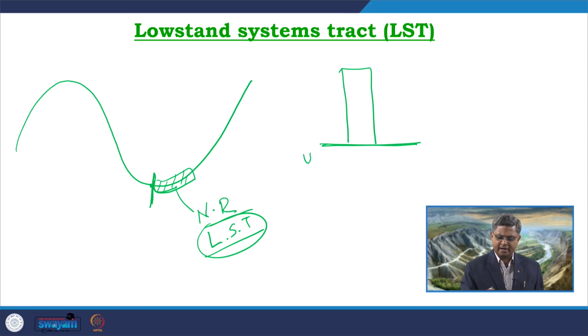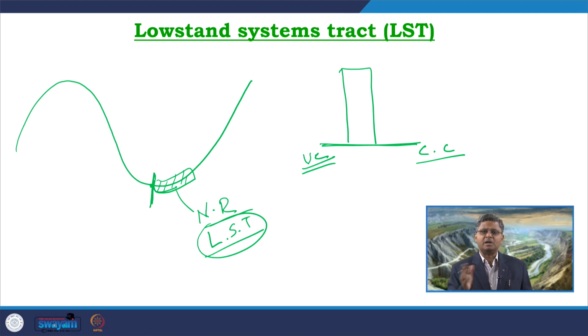It should be either an unconformity when we are looking at the continental side or maybe the marginal marine side, or a correlative conformity surface when we are looking at the relatively deeper part of the basin, or maybe the shelf edge where some deposits are forming as part of the falling stage systems tract. So the lower boundary for this depositional cycle is either an unconformity or a correlative conformity surface.